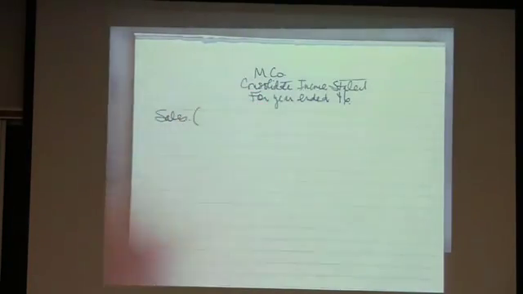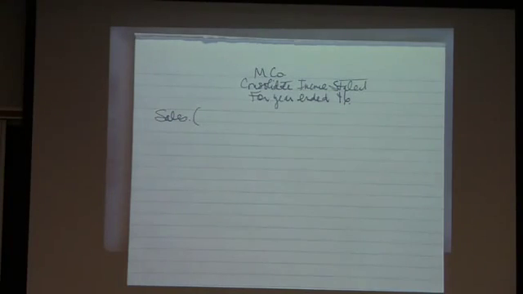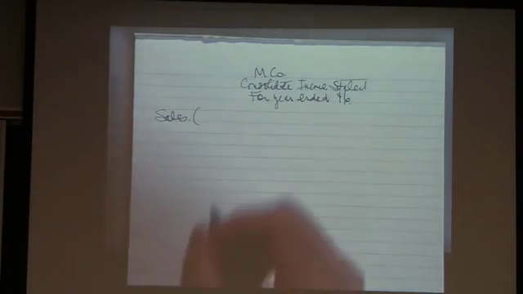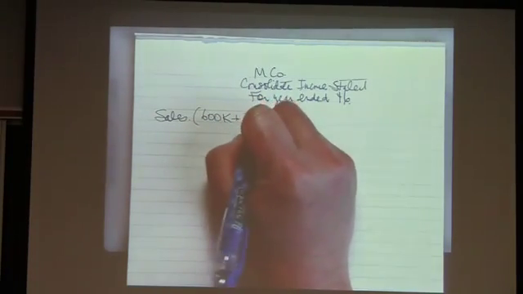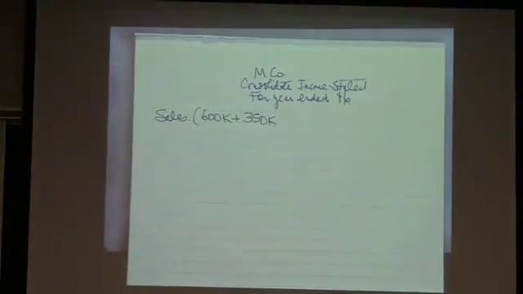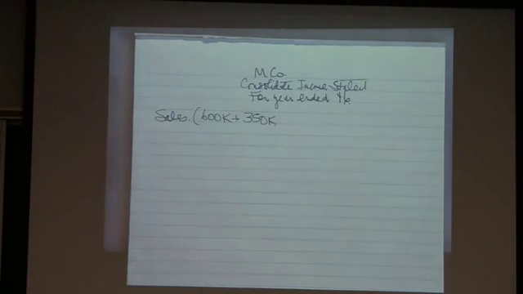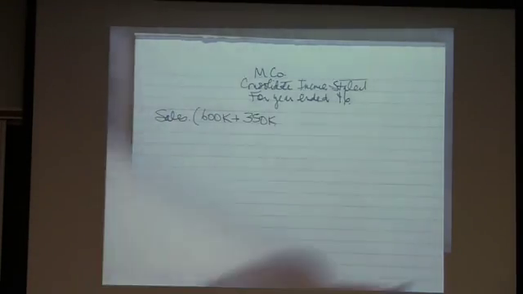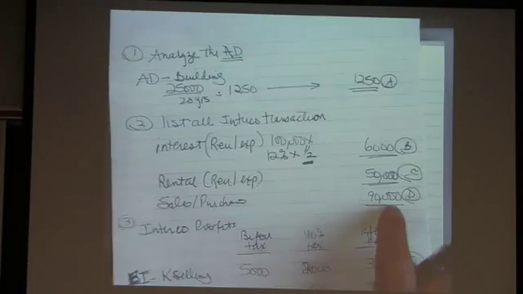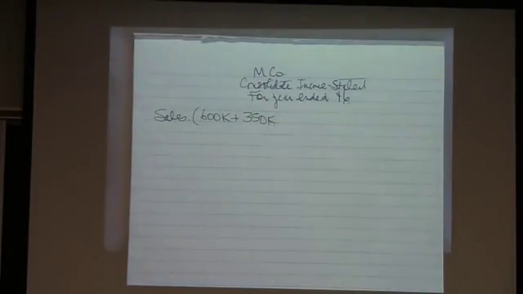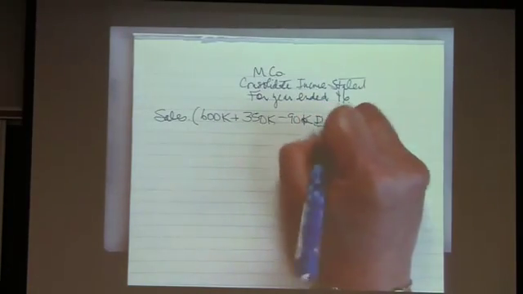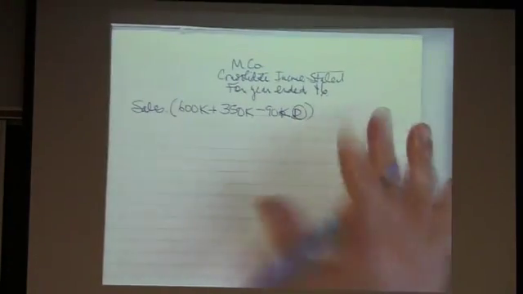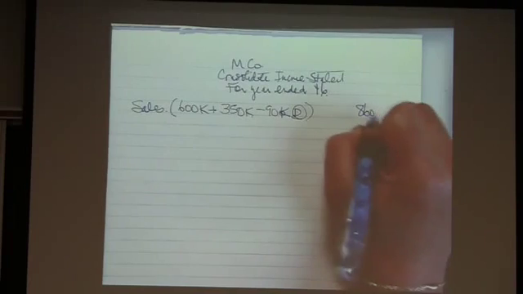So we're going to start with M Company and then with K, so 600 plus 350. And remember, we listed the intercompany sales, right, of 90. So we're going to take away the 90. That's letter D. And that gives us 860.